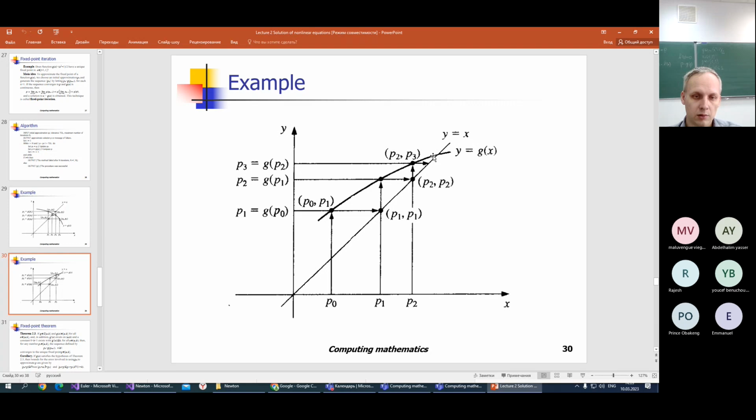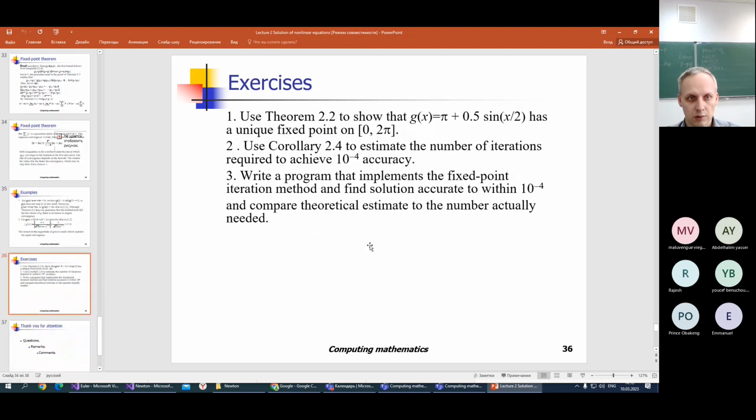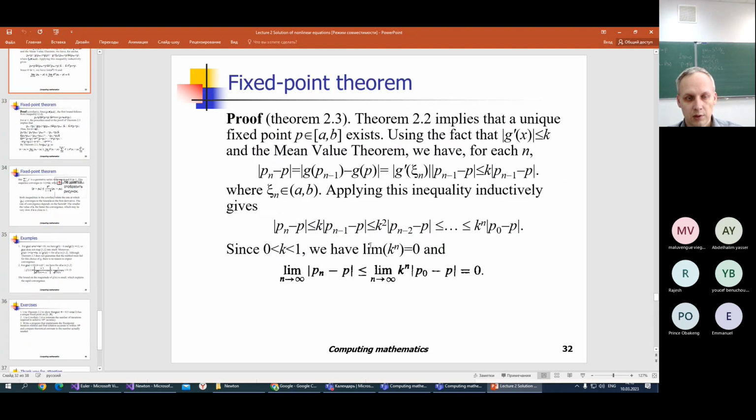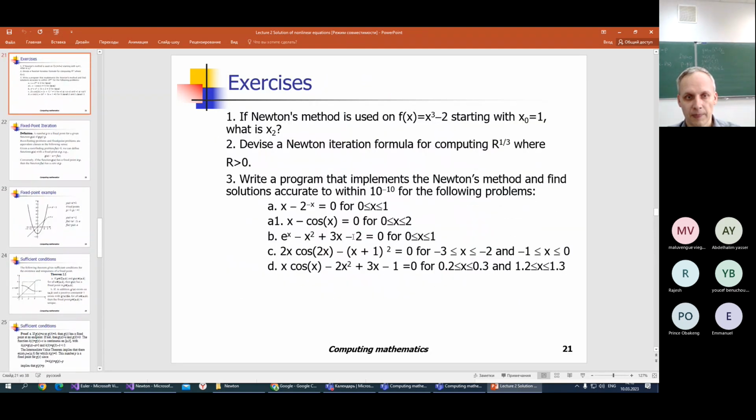Well, to understand how the method works, I ask you to do the following. Okay, let's write the example from the previous one.